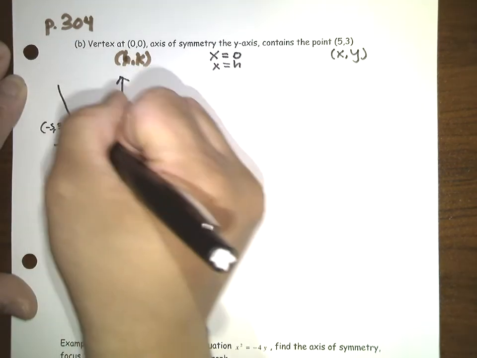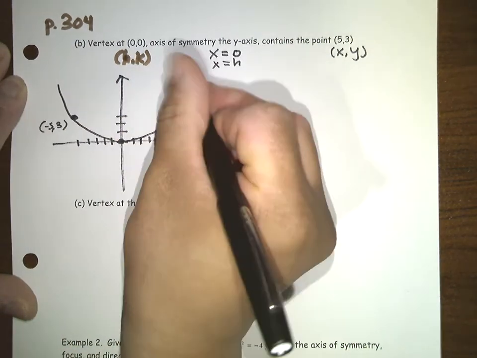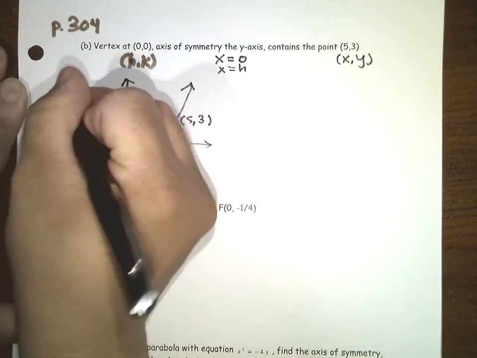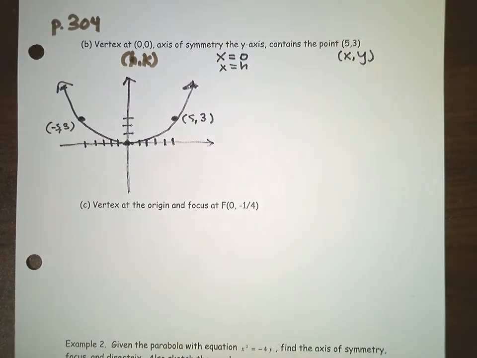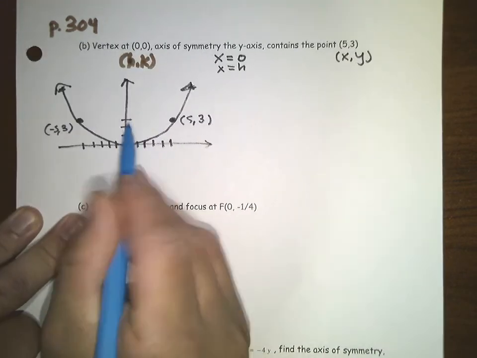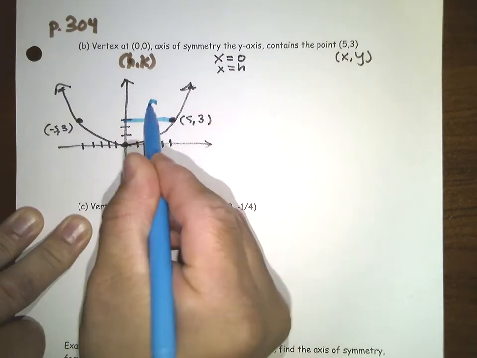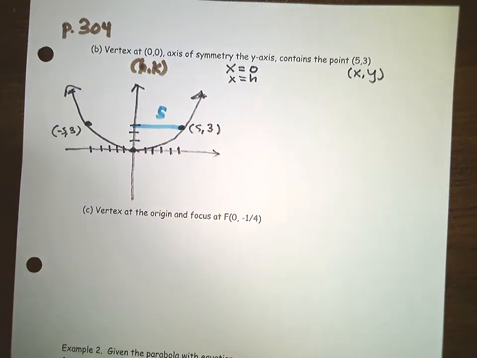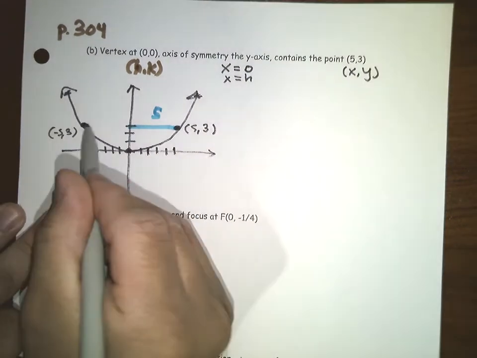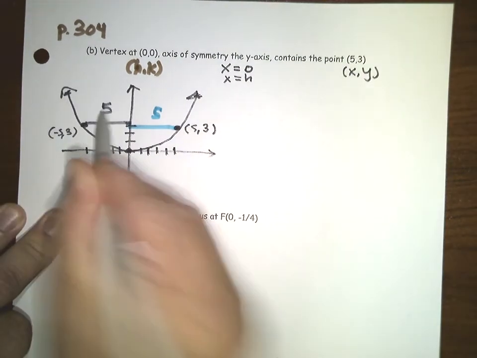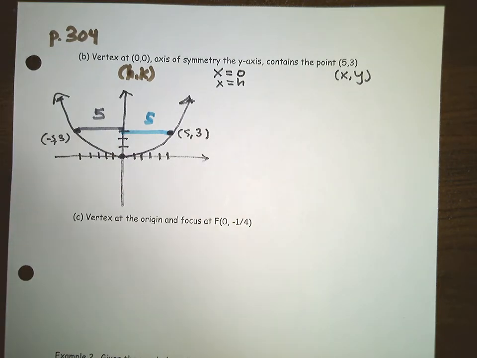And so the parabola looks like this. Now, again, I knew this was symmetric, so this distance is 5, and this distance over here is 5.